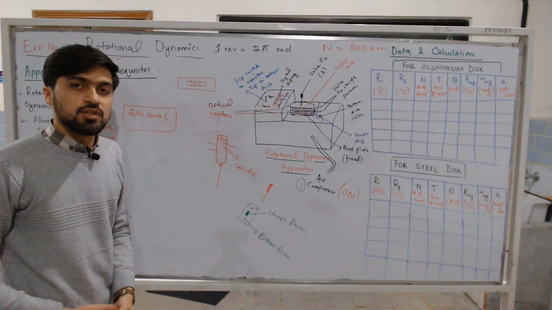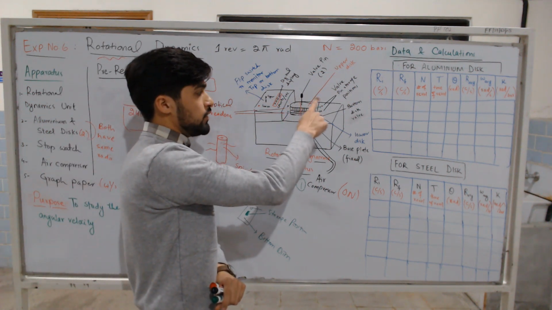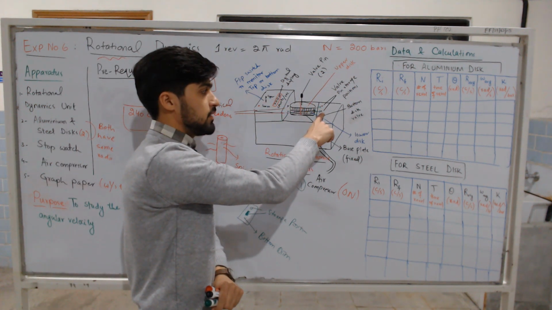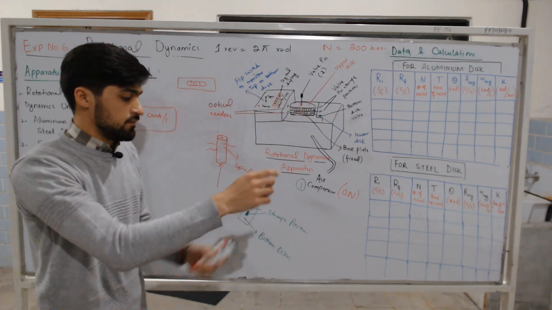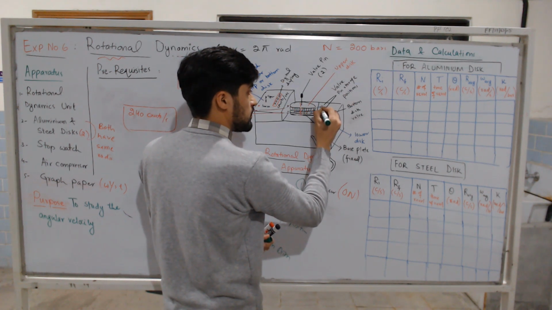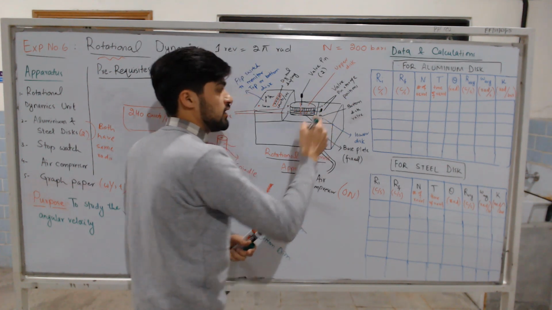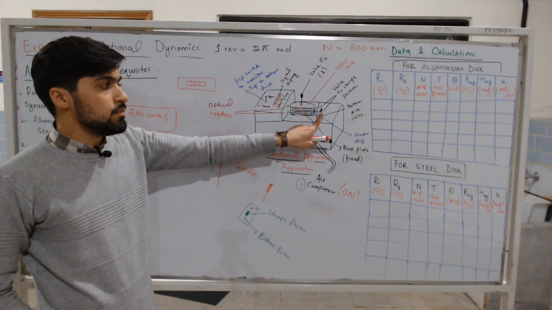Keep in mind, there are actually two pins. The first pin will be in the storage position in the middle, and the other pin will be right in the spindle. So we will keep our second valve pin in the storage position, which is in the middle hole, in between the holes.